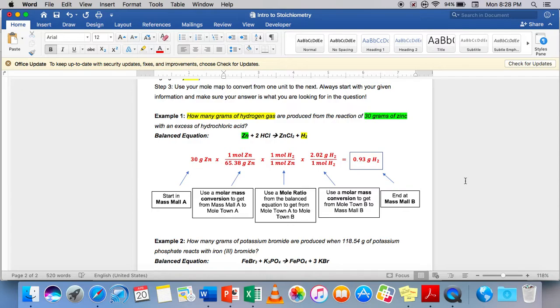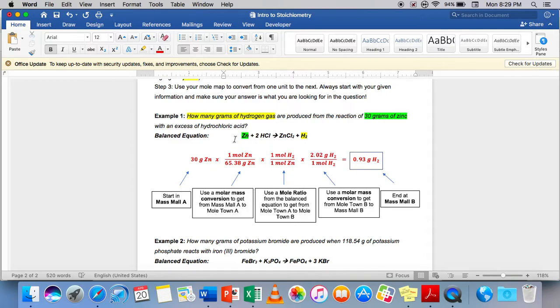And the way you identify your starting material is look for the number. The number in the problem is always going to be your starting material. So if it says we are starting with 30 grams of zinc, I highlighted that green, and then I went into my balanced equation and also highlighted it green.